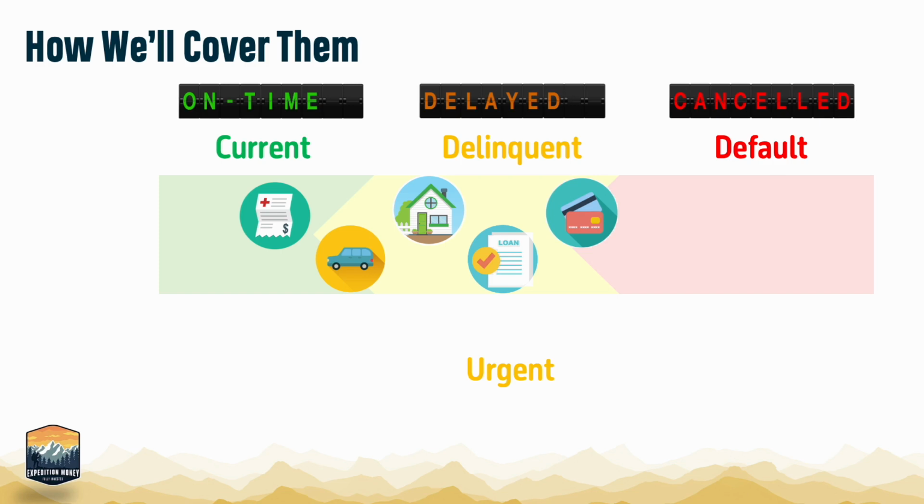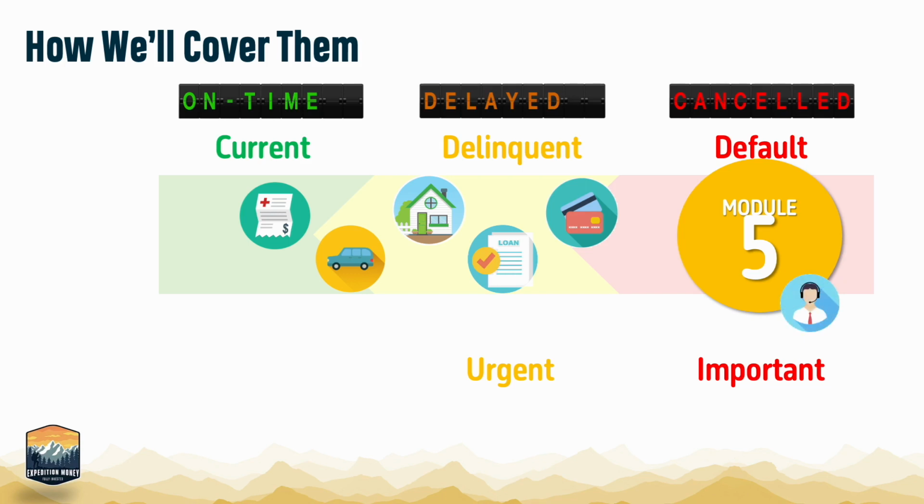We won't be covering a lot of debt in default today, even though these are very important to address. Because they're in default, they're probably already further behind than other debts and will require special consideration. We'll address debts in default specifically in Module 5 with one exception, debt collectors. Collectors may be contacting you on any type of late debts, and I'll share with you some info on how to start dealing with them immediately.